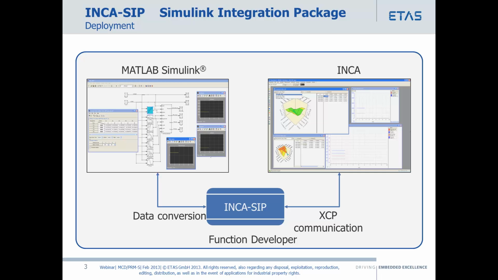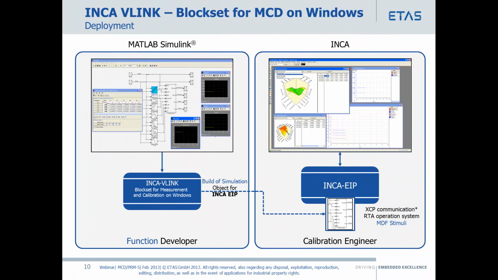Inka SIP is built for use cases where the Inka user has a Simulink license available and owns the Simulink models. So a typical user of Inka SIP is most likely a function developer. Inka V-Link is built for use cases where the Inka user does not own a Simulink license or where the model source code is not available for the Inka community.